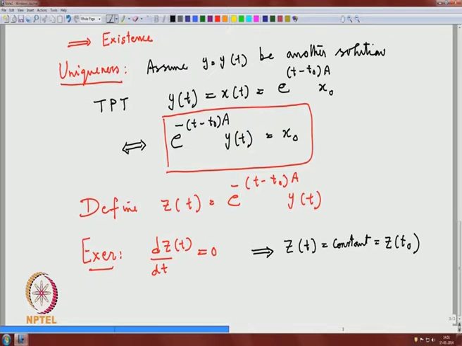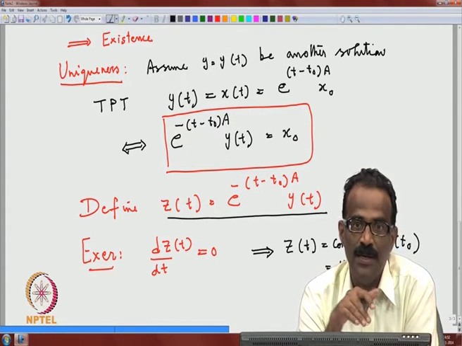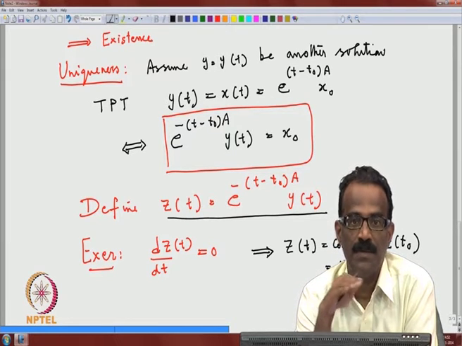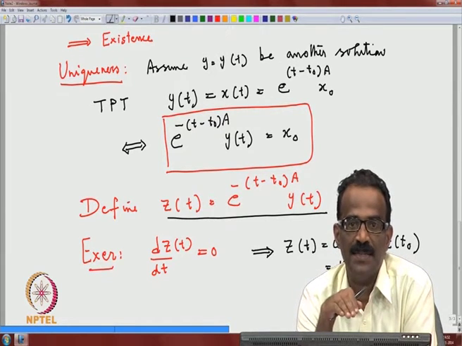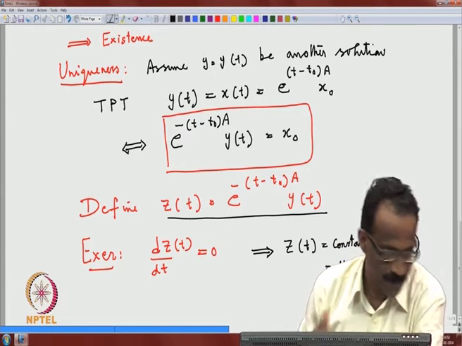Z at t naught, by the definition, putting t equal to t naught, is nothing but y at t naught. But what is given to you? Y is a solution to your initial value problem, and y at t naught is nothing but your x naught. So, you have your uniqueness in a quick way without appealing to the general theory. So, we have proved the existence and the uniqueness, existence by construction and uniqueness by direct application. The autonomous linear system has a unique solution.